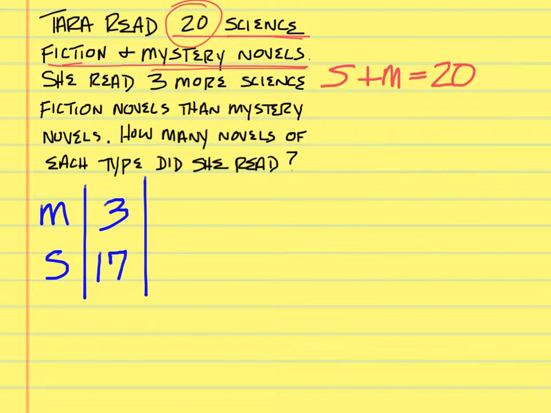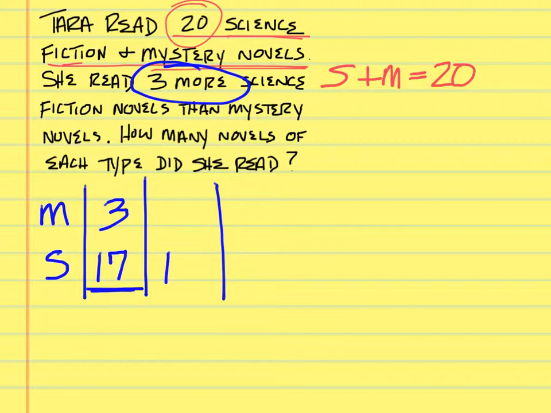Now, which did she read more of? She read more science fiction. So I have more science fiction there, but how many more did she read than mystery? According to the problem, she read 3 more. What's the difference between 17 and 3? 14. Is this the right answer? No, it's not. So that doesn't work.